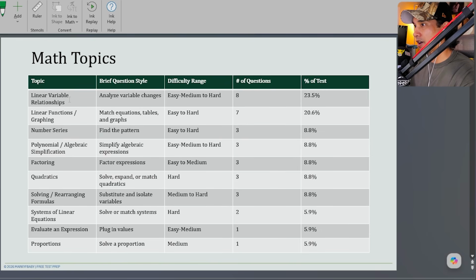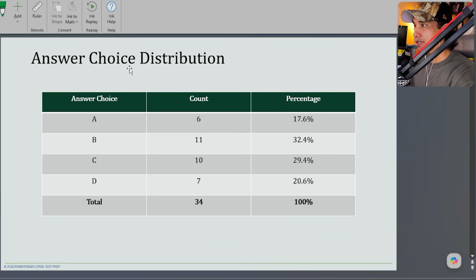Linear variable relationships are if-then statements, and then the linear function graphing. You already know what that is. And then I had the answer choice distribution. I did my best to distribute the answer choices evenly, with B and C being the bulk of the test. There are a total of 34 questions.